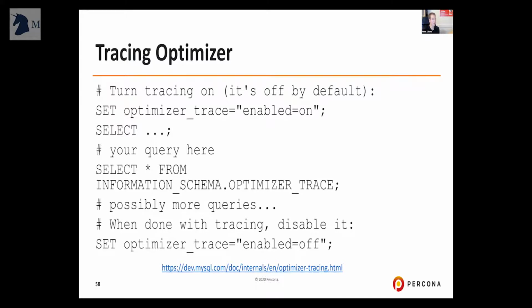What optimizer tracing does is allow you to enable the optimizer trace, then run your query, and when you select from information_schema.optimizer_trace, it will give you information about what the optimizer has done and why it made the choice it made.